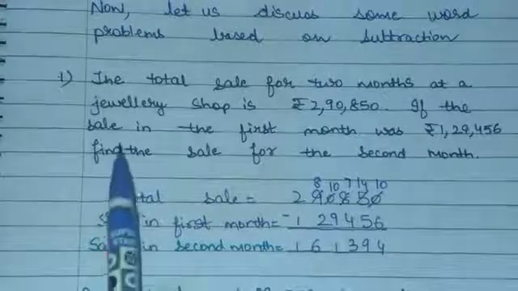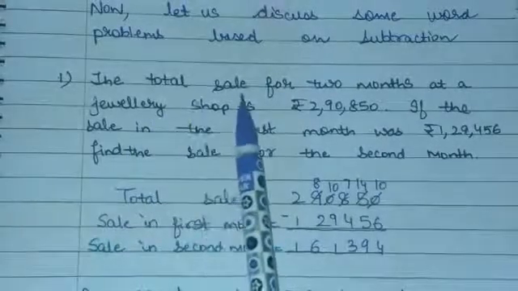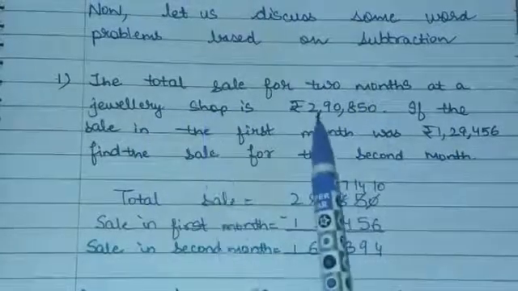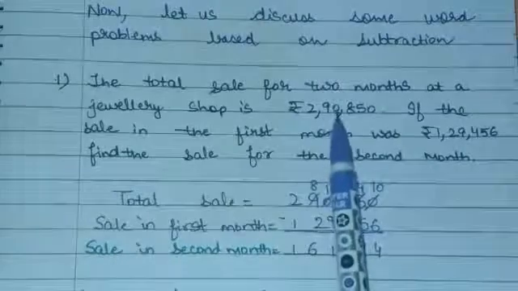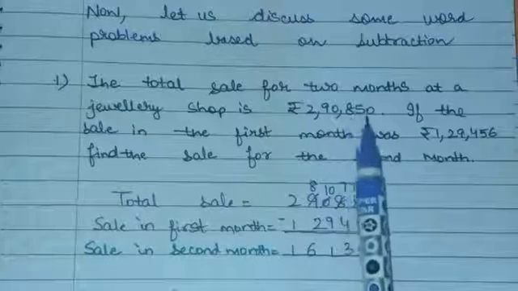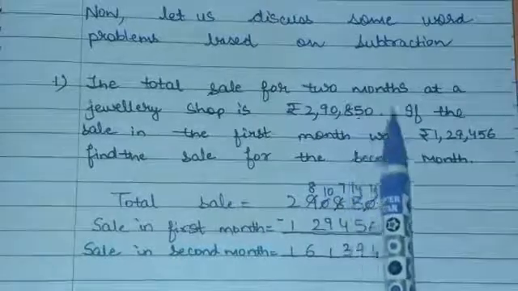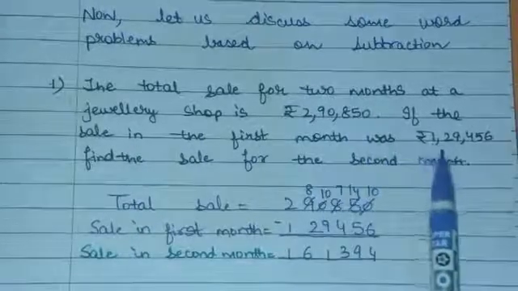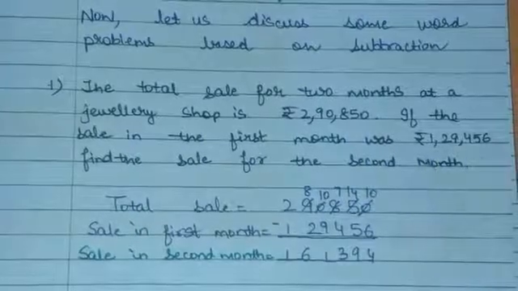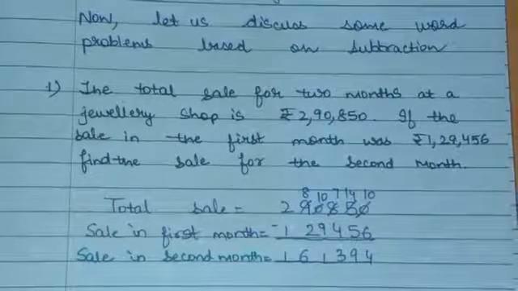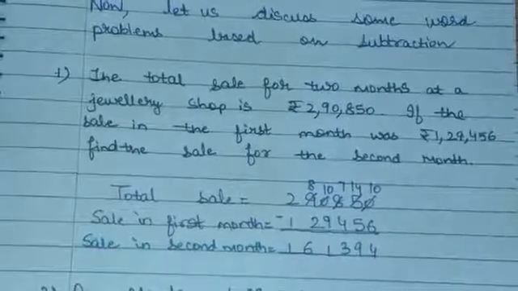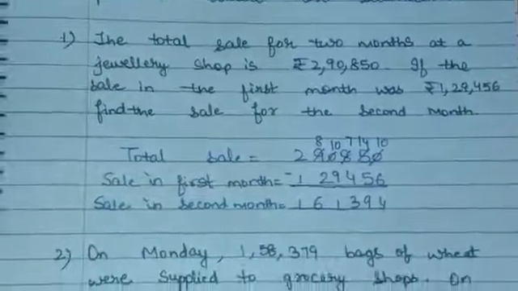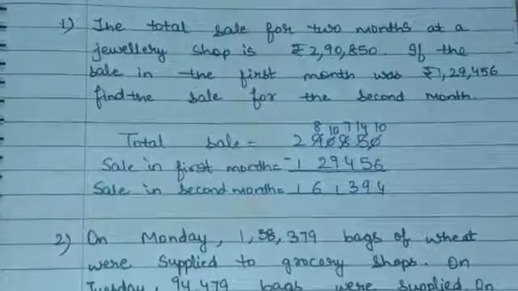Let us discuss some word problems based on subtraction. The first question is, the total sale for 2 months at a jewelry shop is rupees 2,90,850. If the sale in the first month is 1,29,456, then what will be the sale for the second month?